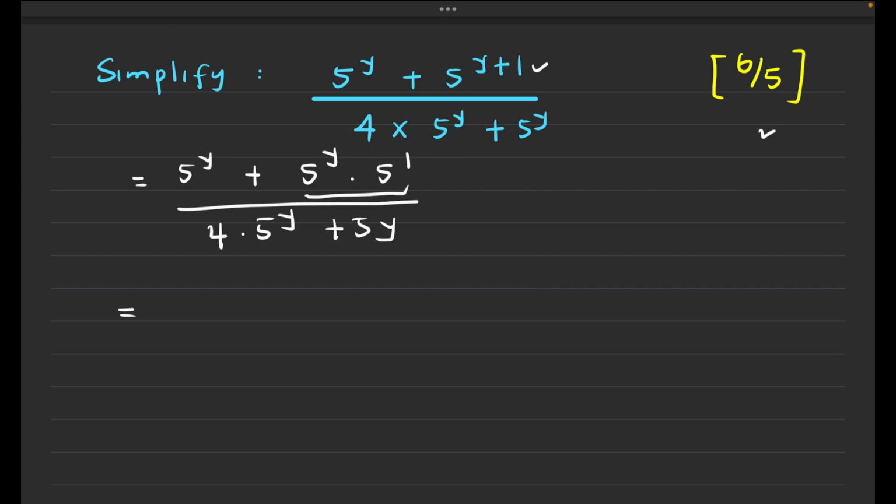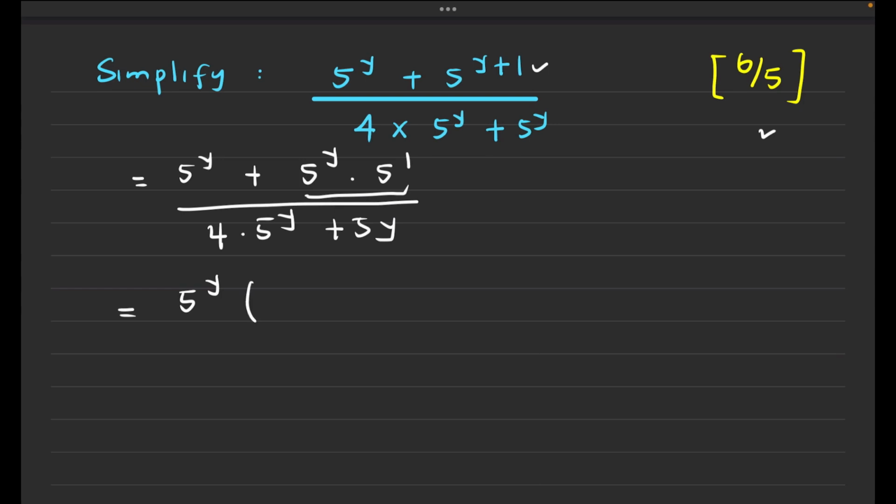Okay, so at this point, I want you guys to take note that we've got 5 to the y here, here, here, and here. So what we're going to do is factor out 5 to the y, or 5 to the exponent y.